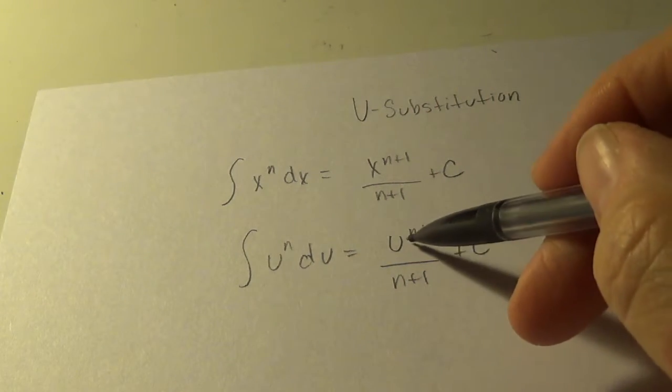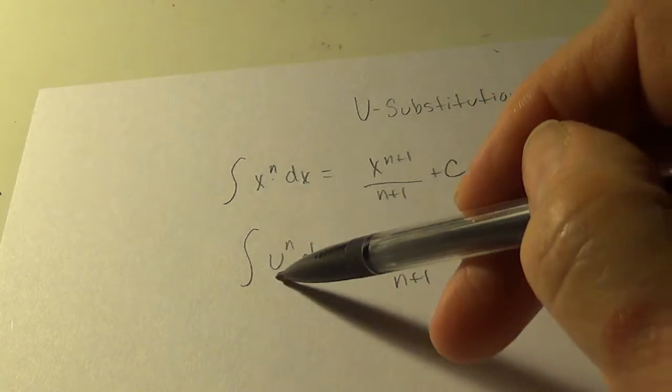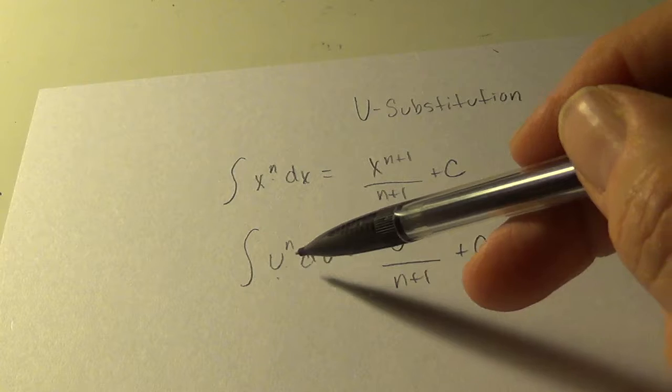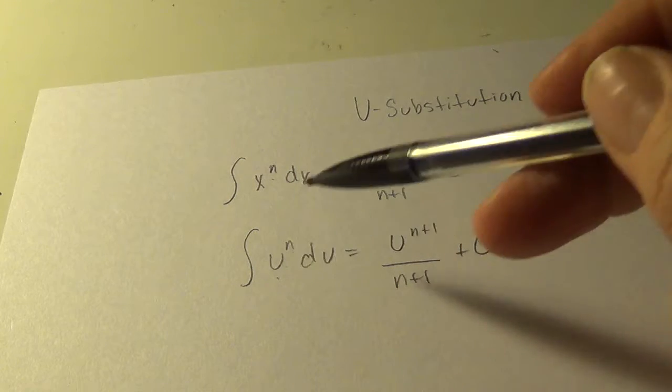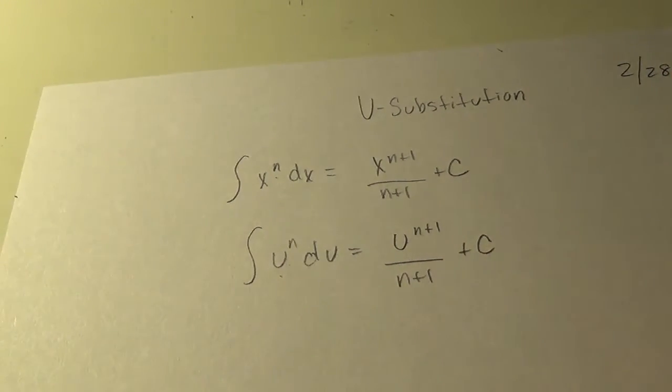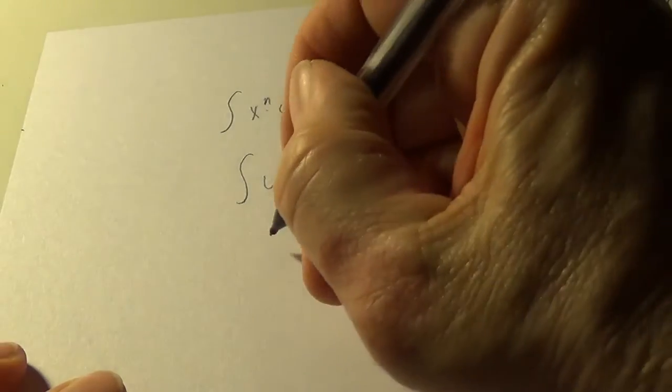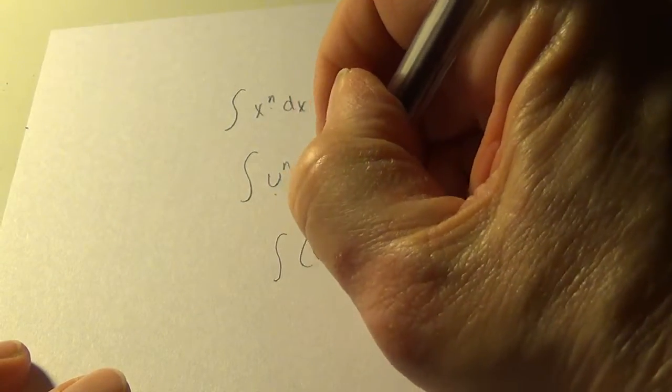And just like before, when we upgrade from x to u, it's because this u stands for a whole expression with x in it. So we've seen that before. It will allow us to integrate problems like this.